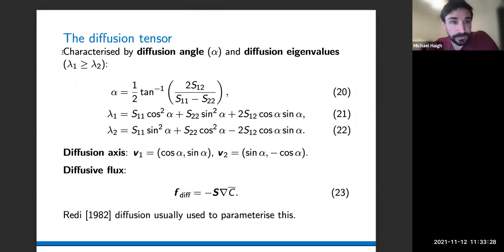But it's most useful to characterize the diffusion tensor instead in terms of a diffusion angle and a pair of eigenvalues, the diffusion eigenvalues.